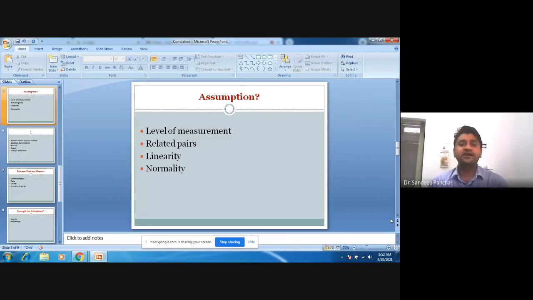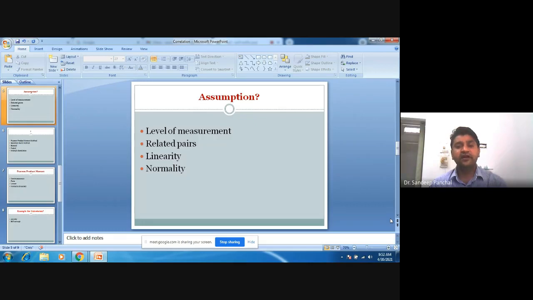So let's discuss the assumptions of correlations. First, we need to understand the level of measurement. What is the meaning of level of measurement? It means we need to understand the data, the scale on which the particular variable is. We have to understand the scaling of the variables.